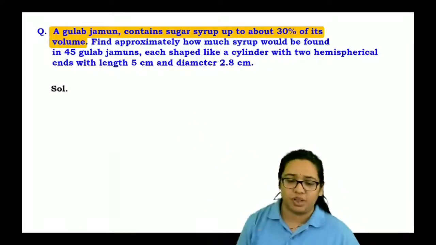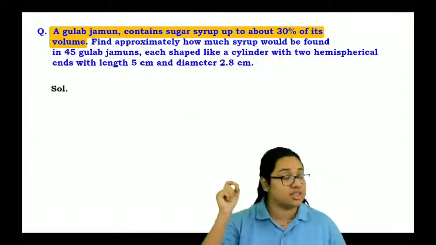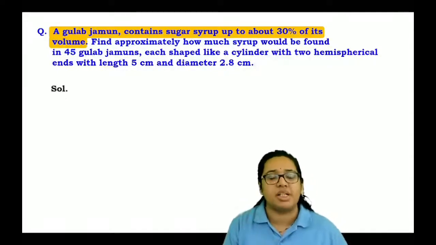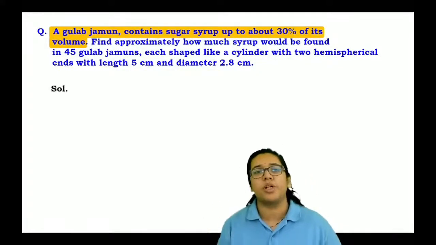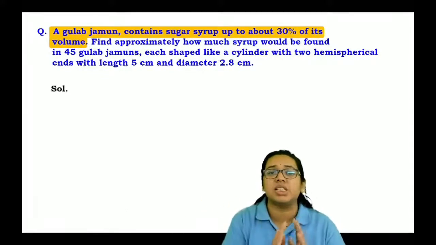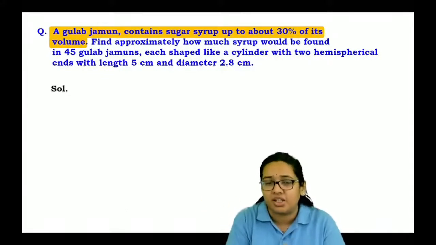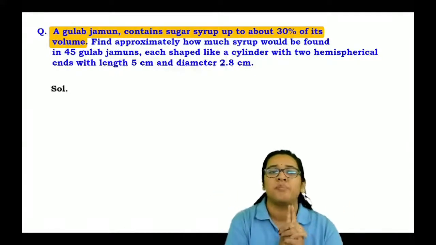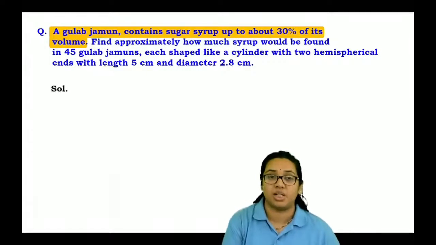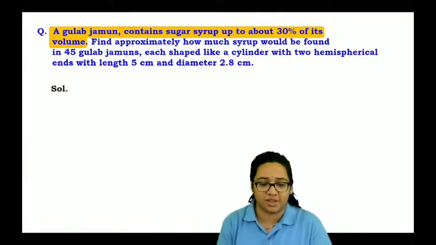In the first statement it was clear that this question is based on volume. Find approximately how much syrup would be found in 45 gulab jamuns, each shaped like a cylinder with two hemispherical ends, with the length 5 centimeter and whose diameter will be 2.8 centimeter.